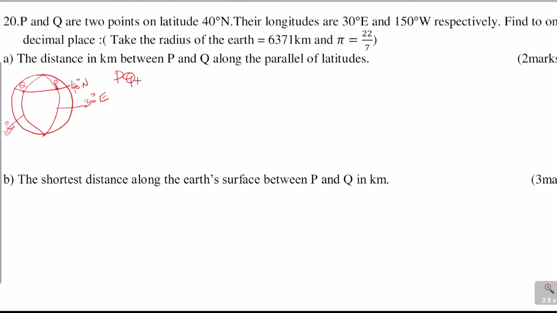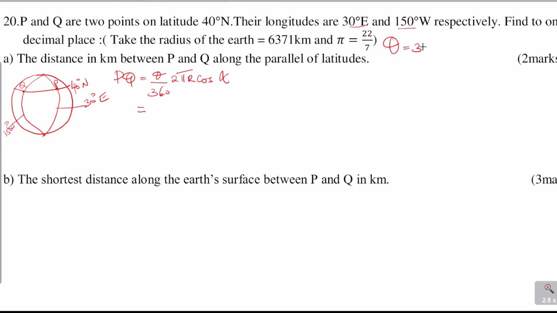So distance PQ is given by, because you can see they are both on the same latitude, the longitude difference divided by 360 multiplied by 2 pi r cosine of the latitude angle. So longitude difference, one is 30 degrees east, the other one is 150 degrees west.